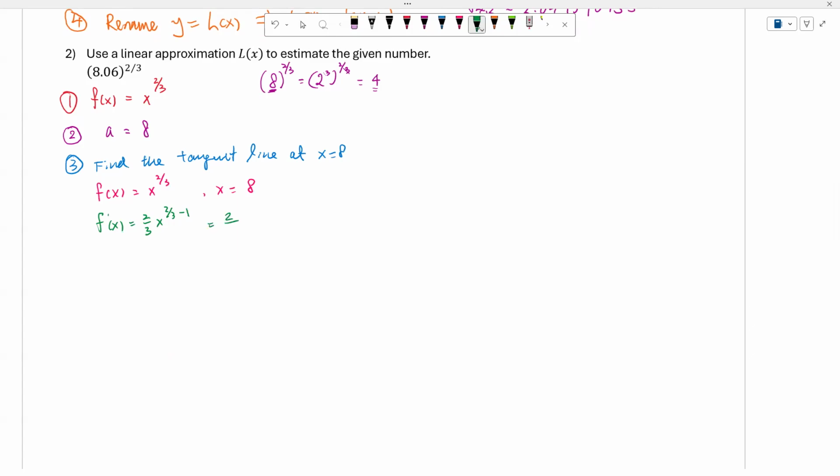It is 2/3 x to the negative 1/3, or 2/3 times cube root of x then. Okay, so f prime of 8 is 2/3 times cube root of 8.